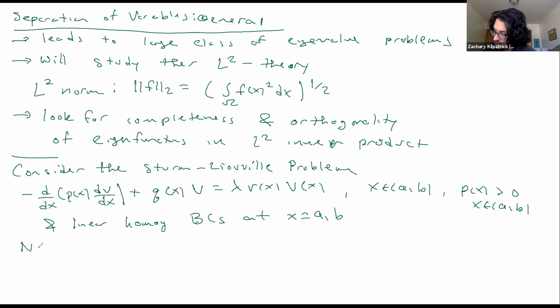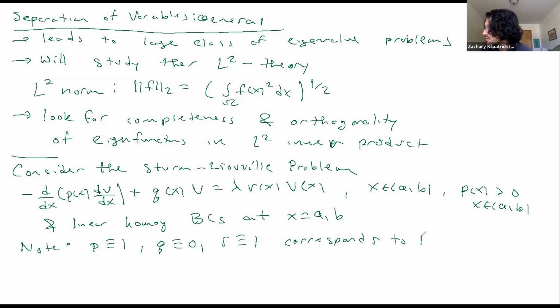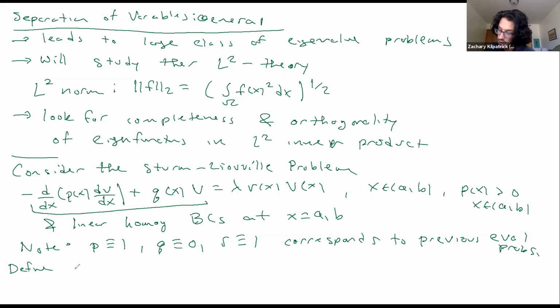So note that the case P equivalently 1, Q equivalently 0, and R equivalently 1 corresponds to our previous eigenvalue problems that we got in the context of the heat equation with Dirichlet boundary conditions. Okay, and rather than continually writing this, we can just define this as a linear operator, and then use the theory of linear operators.